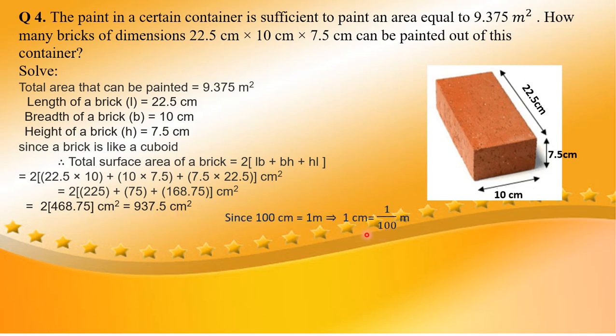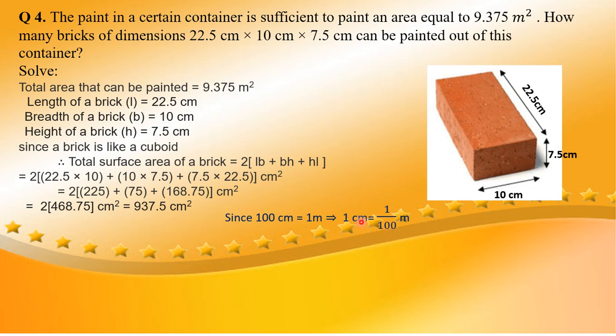Now here, the problem says the total area that can be painted by the paint is in the unit meter square, whereas the area of one brick we calculated is in centimeter square. So first of all we have to convert the area of a brick from centimeter square to meter square. As we know, 100 centimeter is equal to 1 meter, or 1 centimeter is 1 upon 100 meter.